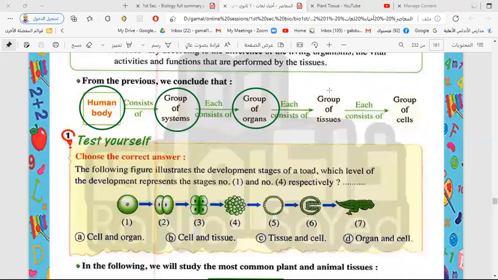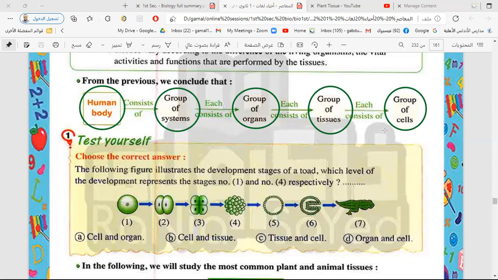And the organ is made up of a group of tissues. And finally, the tissue is made up of a group of cells. So we have here many levels of organization in the body of a living organism.